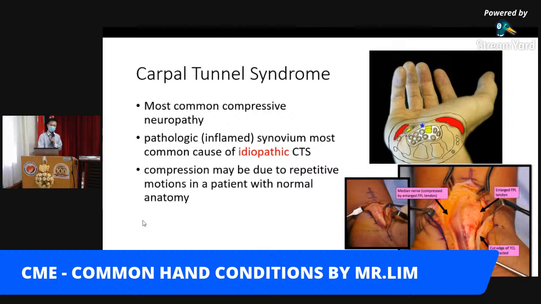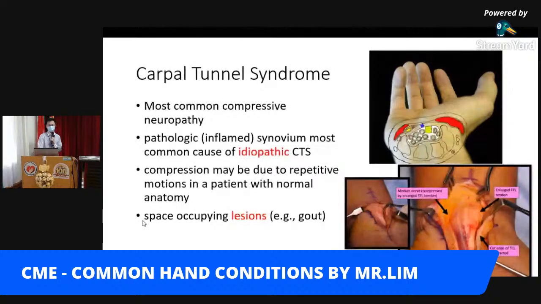And sometimes you can find, in odd cases, some rare cases, space-occupying lesions, such as in this case, long-standing gout. The gout not only in the subcutaneous tissue.